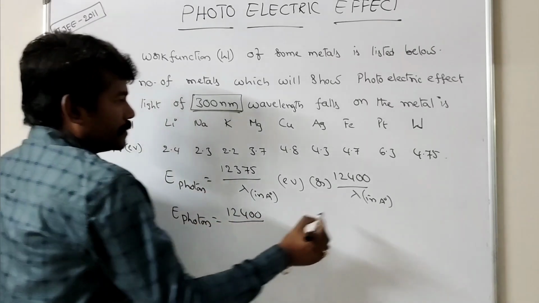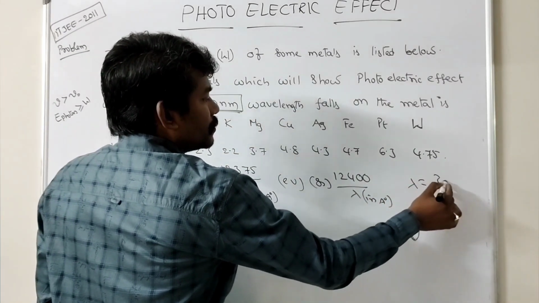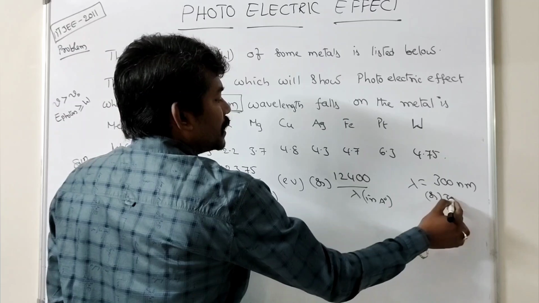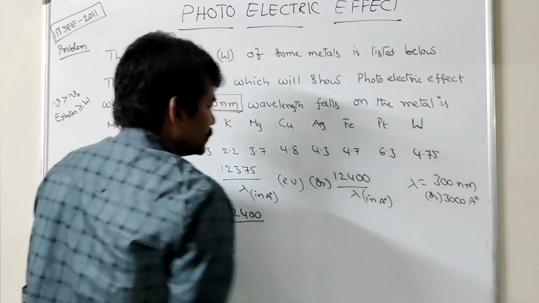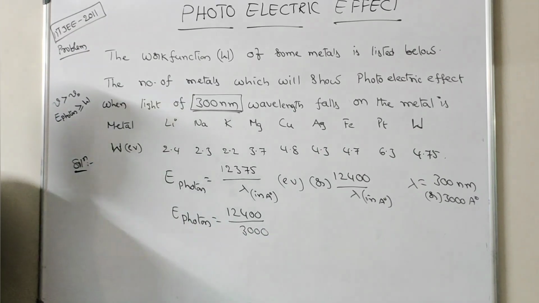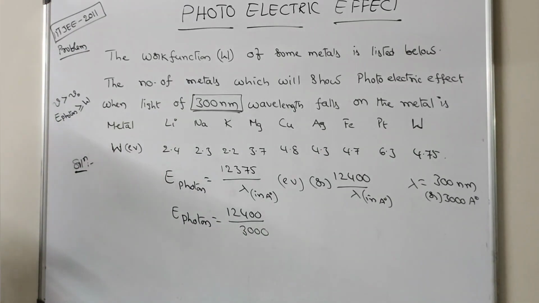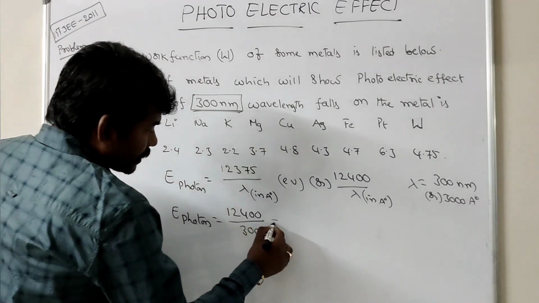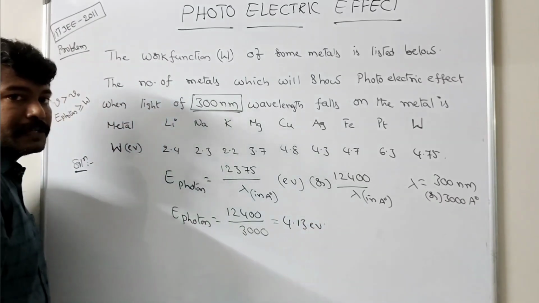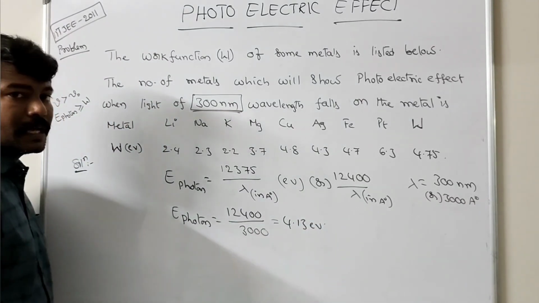So lambda is equal to 300 nanometers, or 3000 angstrom. Substitute the lambda value: E photon is equal to 12,000 by 3000, which is nothing but 4.13 electron volts. The energy of the photon is 4.13 electron volts.